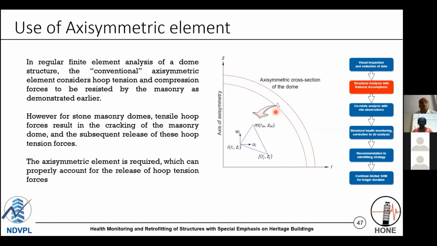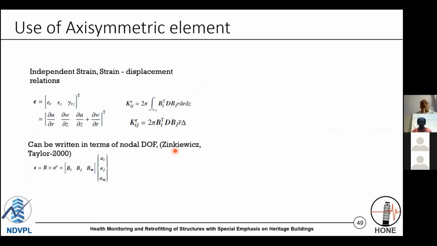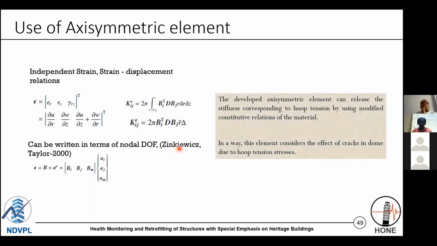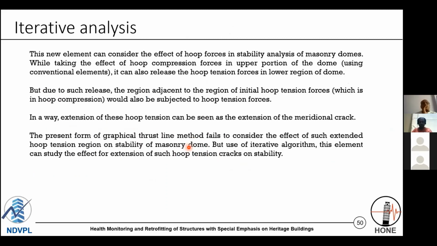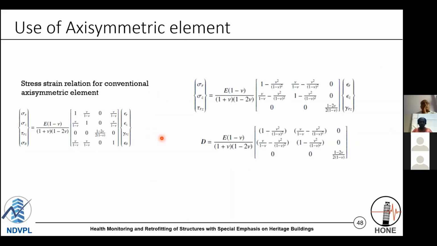We have developed a special element for masonry for axisymmetric dome analysis. I am not going into the mathematical part of it, which we developed. I'll just quickly skip it. We developed the iterative process, but in the mathematical part, I'll just highlight one step. What we did is we set sigma theta equal to 0 for the elements which are cracked, where hoop tension appears.